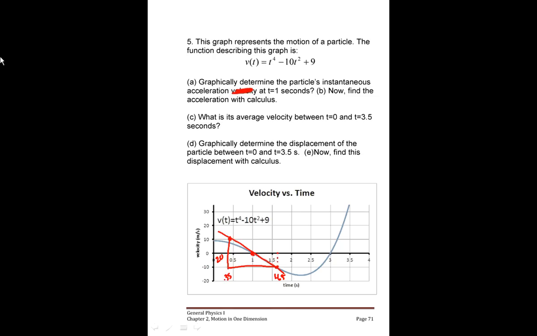So the total time is 1.3 seconds, and the instantaneous acceleration is rise over run, that is 20 over 1.3, which is 15 meters per second squared.